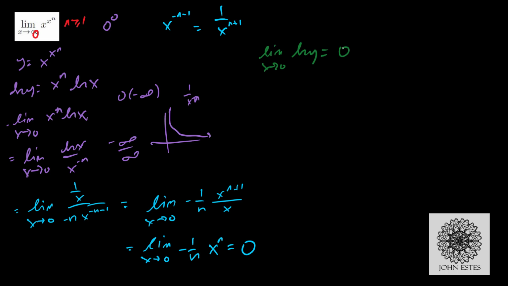But we wanted y. So to get back to y, I have to exponentiate this value here. So I get e to the 0, which is 1. So there it is. For any value of n greater than or equal to 1, this limit will be 1.